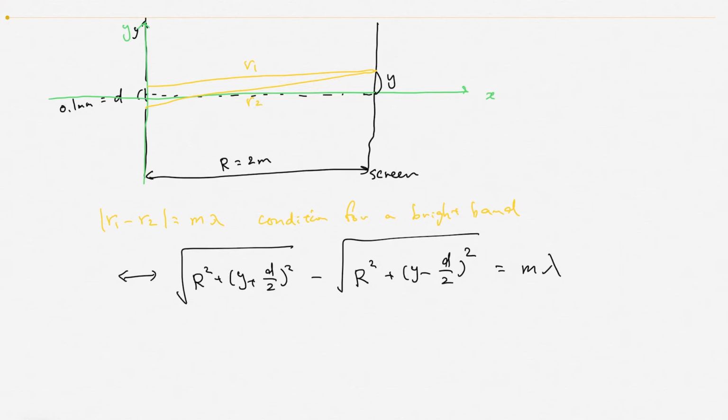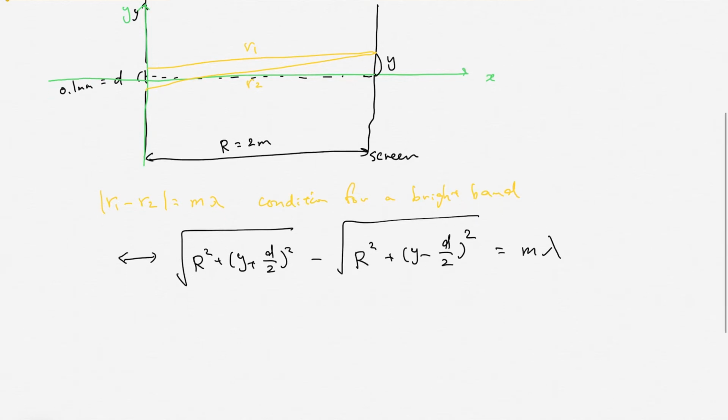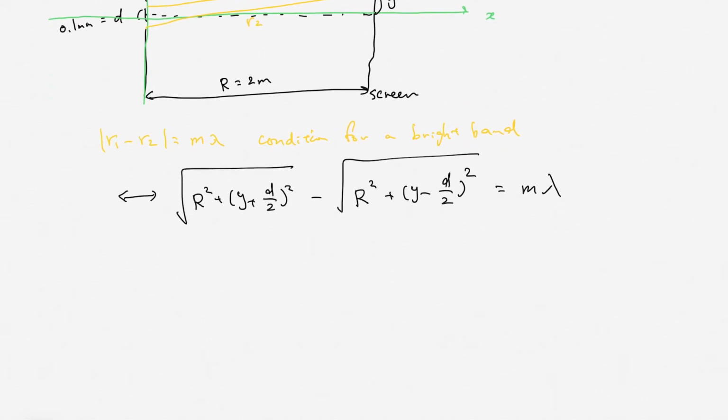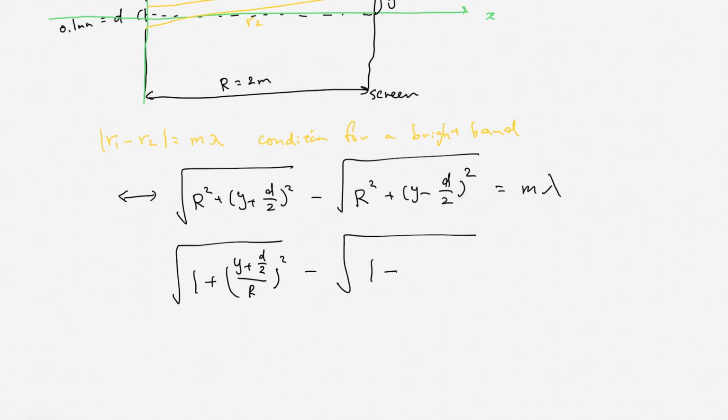You can write down these equations. Then if you divide by R, it becomes the square root of 1 plus (y plus d over 2) over R squared, minus the square root of 1 plus (y minus d over 2) over capital R squared, equal to m lambda over capital R.